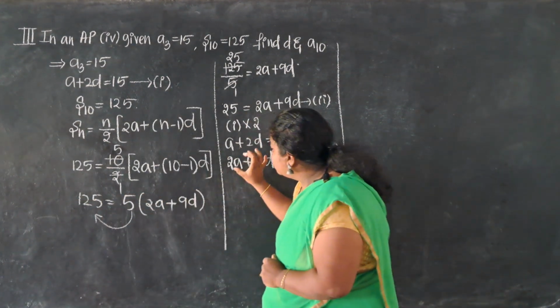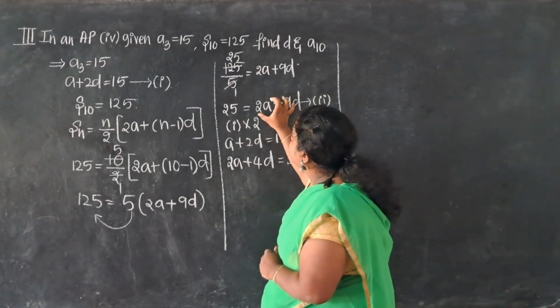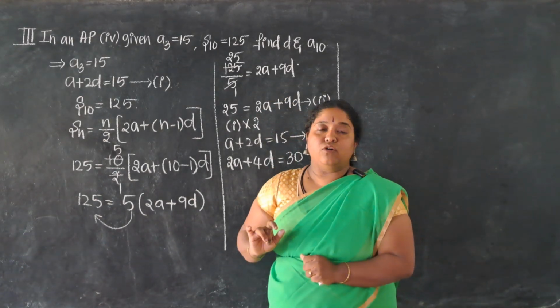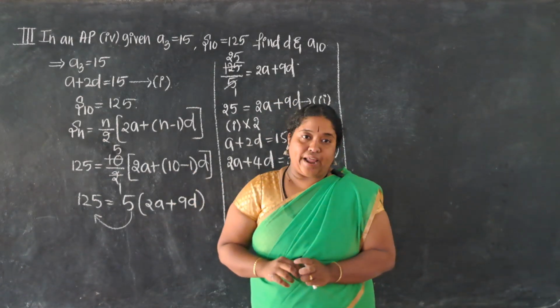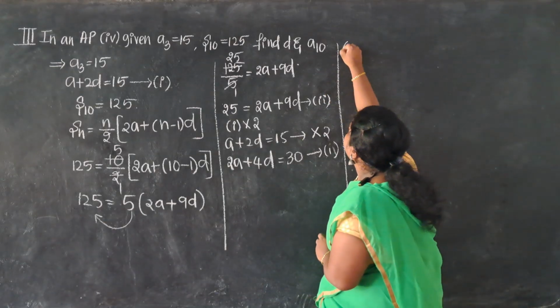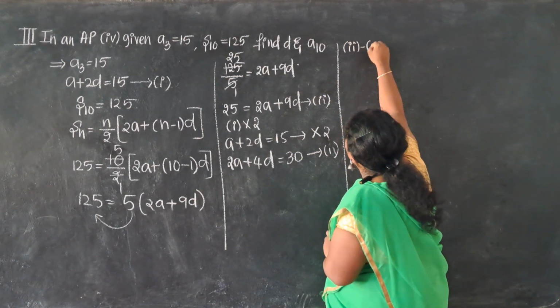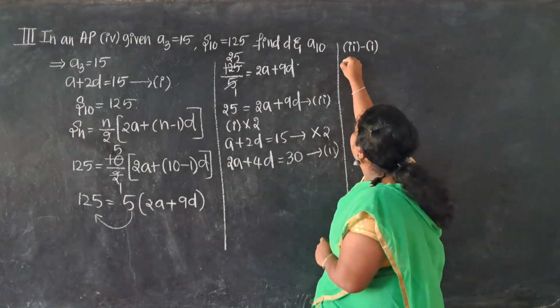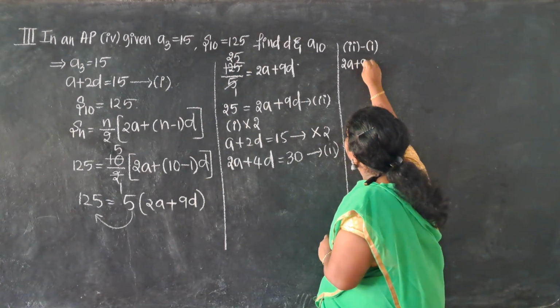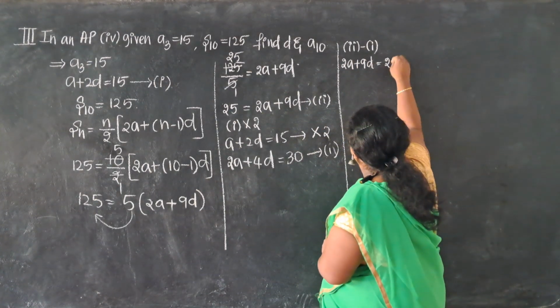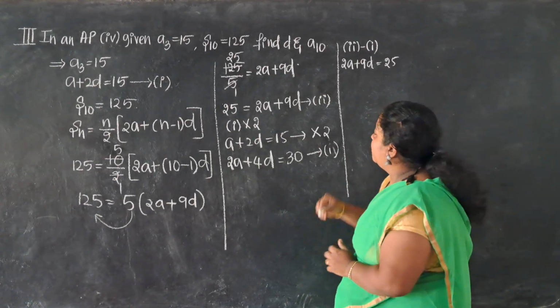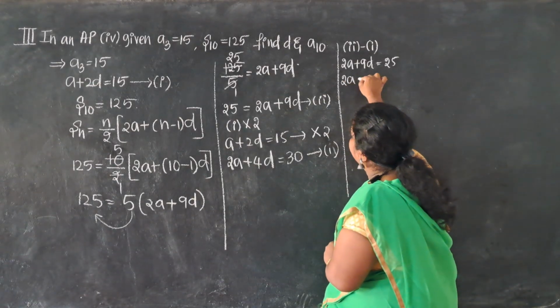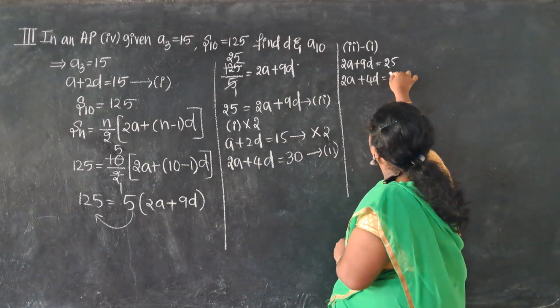See, here I have positive 2A, and here also positive 2A. So I go for subtraction, equation 2 minus equation 1. Equation 2 is 2A plus 9D equal to 25, and the other equation is 2A plus 4D equal to 30.